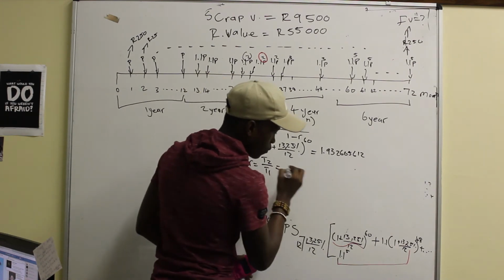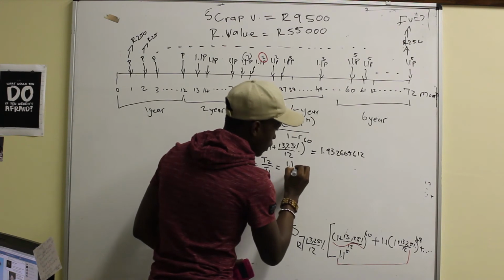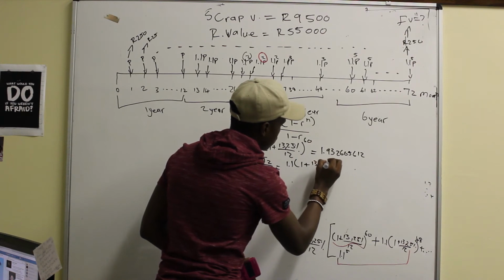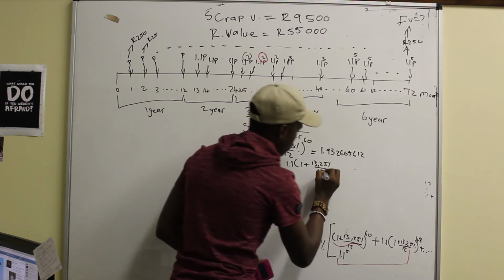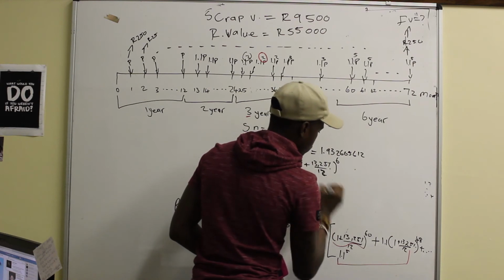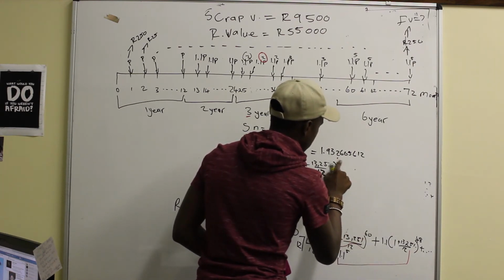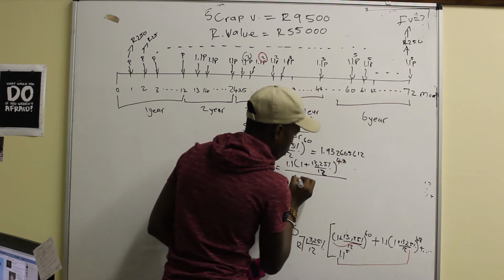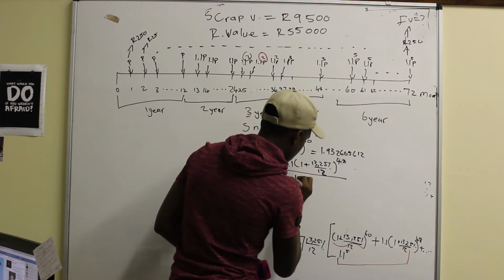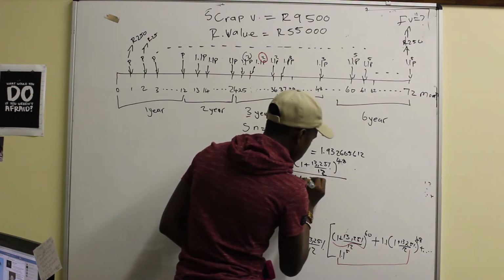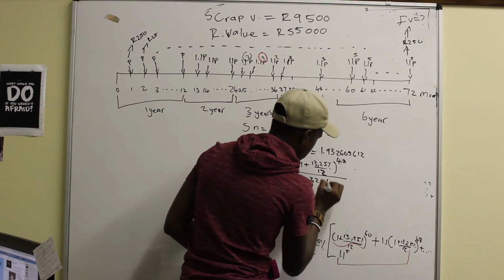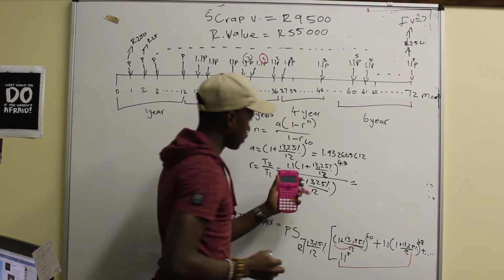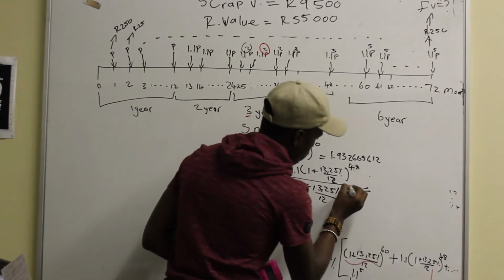Saying 1.1, 1 plus the interest to the power 48 divided by 1 plus the interest to the power of 16.